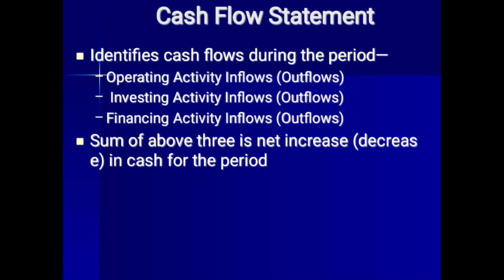Operating activities inflows and outflows, investing activities inflows, and financing activities inflows all come under the cash flow statement. The sum of the above three is the net increase or decrease in cash for the period.